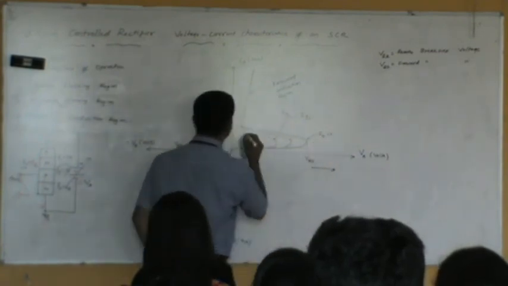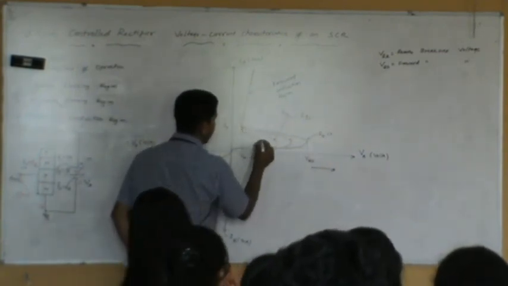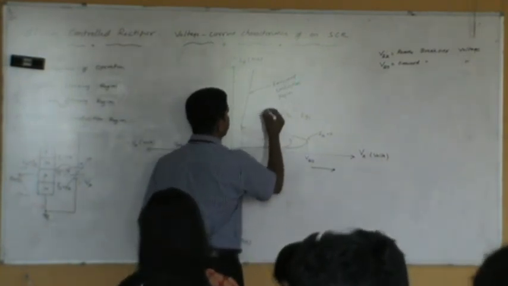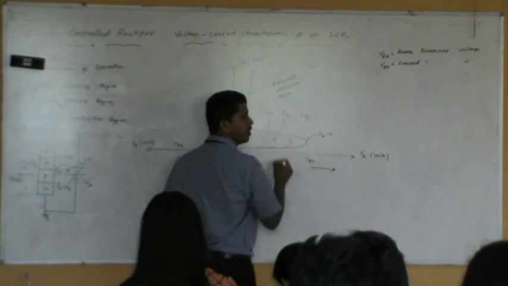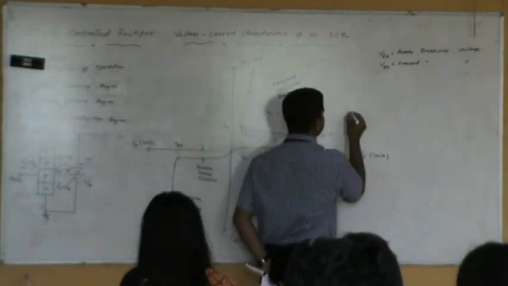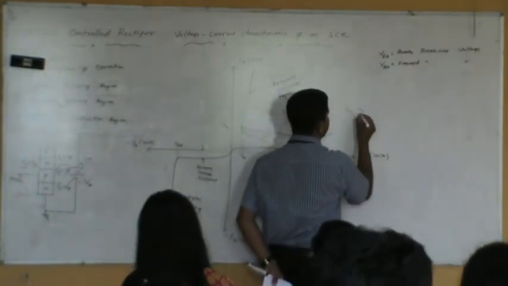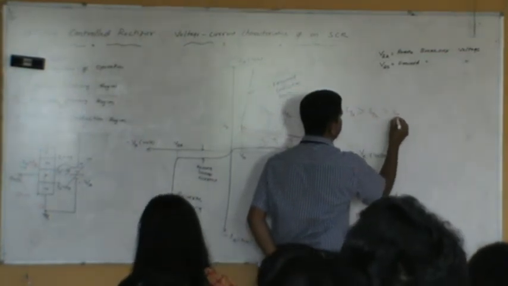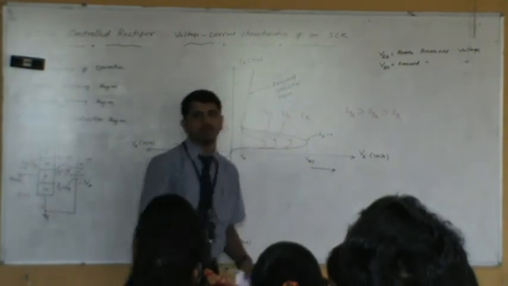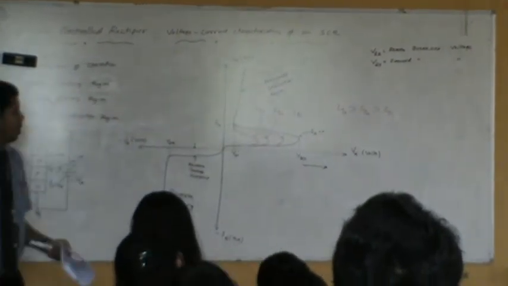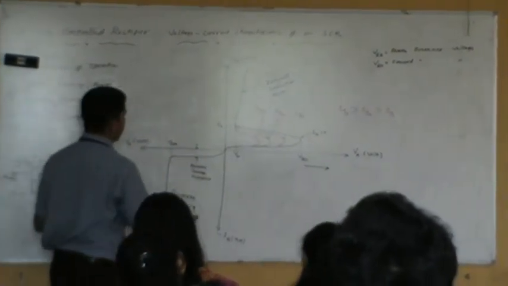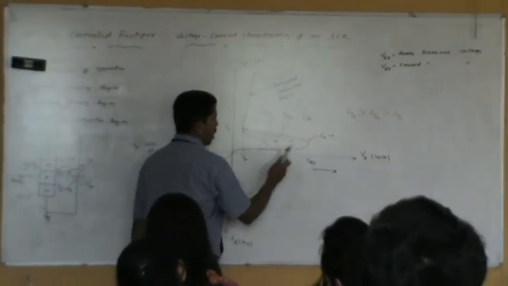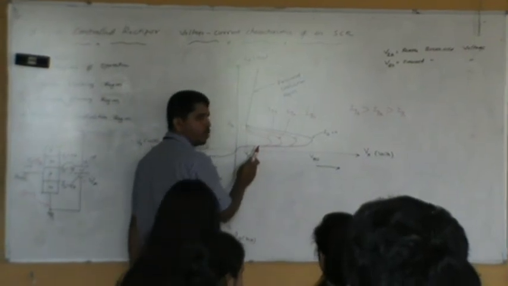If I apply one more increase, say for example, this is for Ig3. Ig3 is larger than Ig2, which is larger than Ig1. And because of that, the conduction will start. The forward conduction region will start at an early anode to cathode voltage.